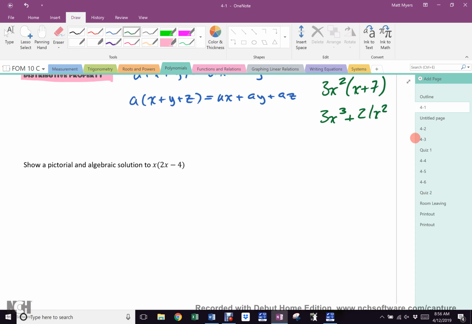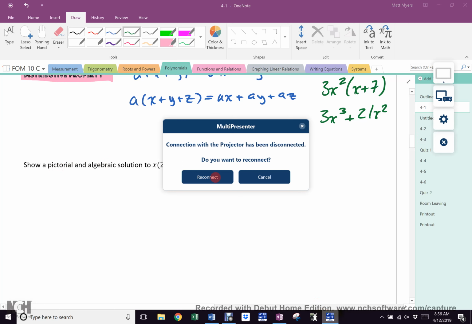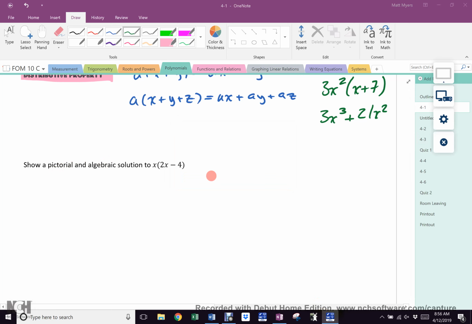I believe you, but I need you to prove it to me once that you can do it with a picture and with algebra. I know it went blue, so draw the picture. What are the factors in that first question? There is x, and the factors go on the outside, yes?